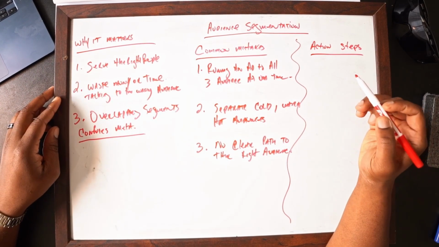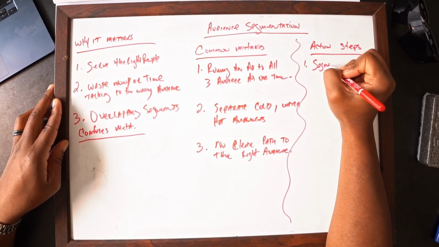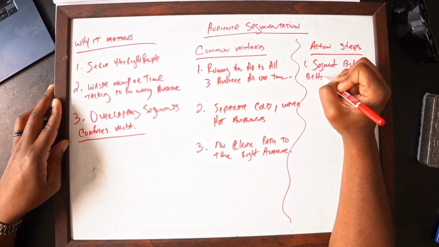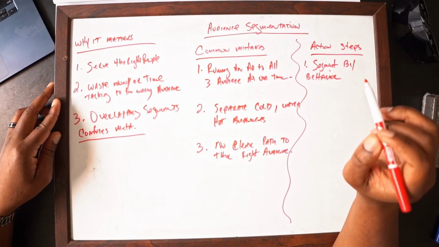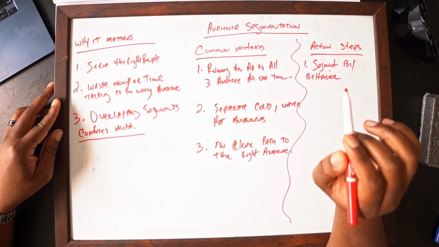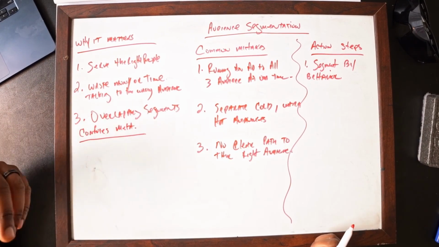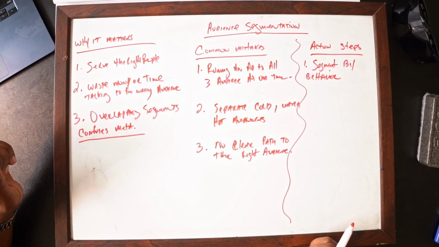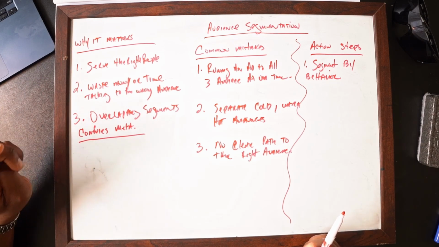So, guys, the first step is you have to segment by behavior. I see people just get this wrong all the time, right? You don't segment by the person. You don't segment by who the person is or where they are. You segment by their behavior, right? So when you segment by their behavior, you get a chance to understand if they're warm, if they're cold, or if they're hot, okay?